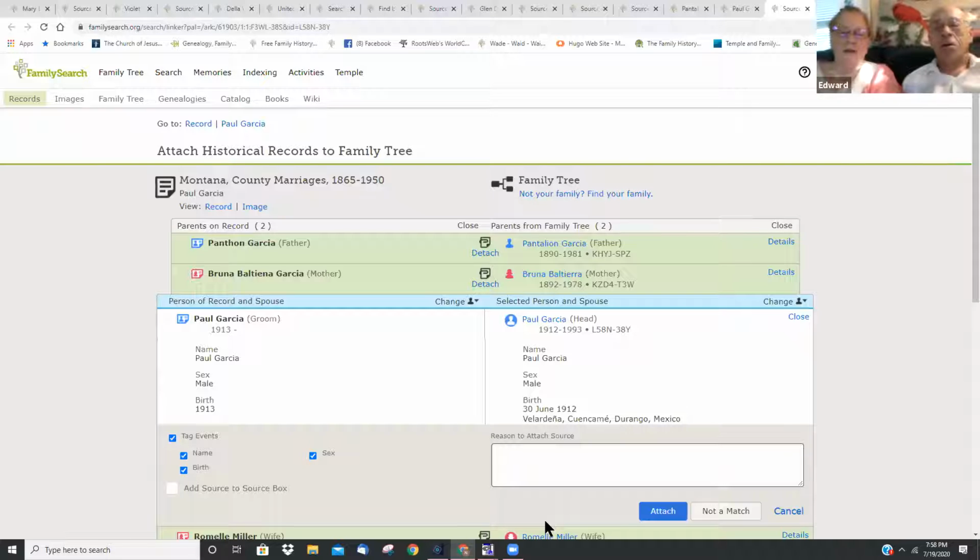Ed told me several years ago that when I was doing attachments, I needed to make a written record of the other people on the record that didn't seem to be tied in directly to my line, but they were there, and I should write those down and check on those.